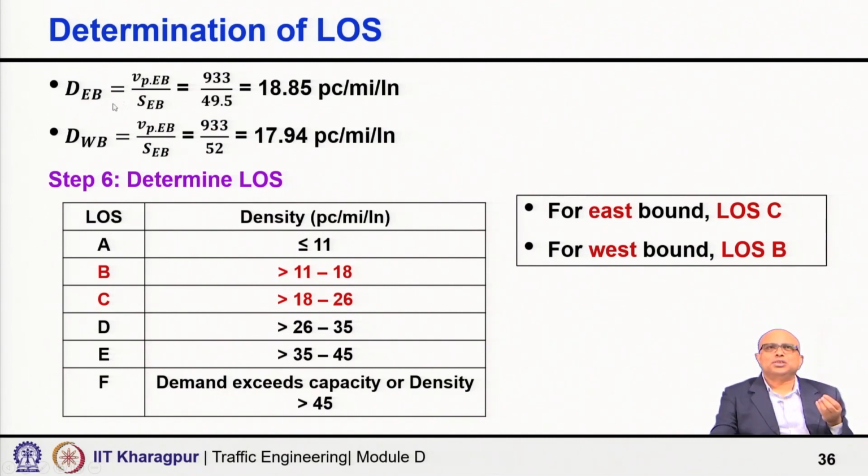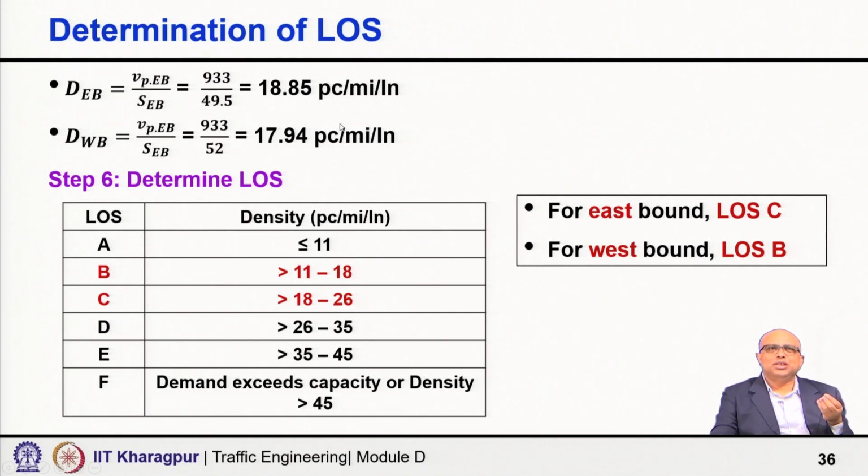Eastbound density will be 933 divided by 49.5, so 18.85 passenger cars per mile per lane, and for westbound the density will be 17.94 passenger cars, because it is 933 divided by 52 instead of 49.5 as it was for the eastbound direction. Westbound direction it is 52, so the value is 17.94.